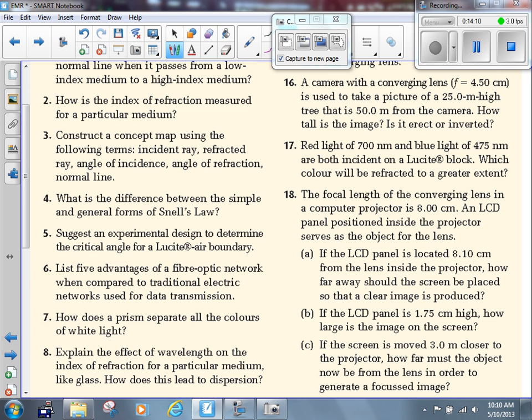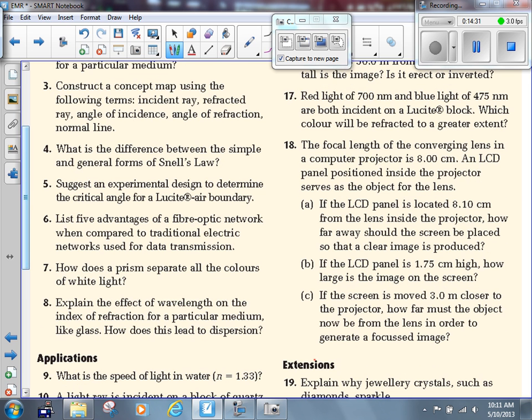I picture the rainbow that comes out of this prism. I can see it in my head right now, literally, and I can visualize the red light on the top and the blue light on the bottom, or violet light on the bottom, indicating that blue light refracts more than red light does.